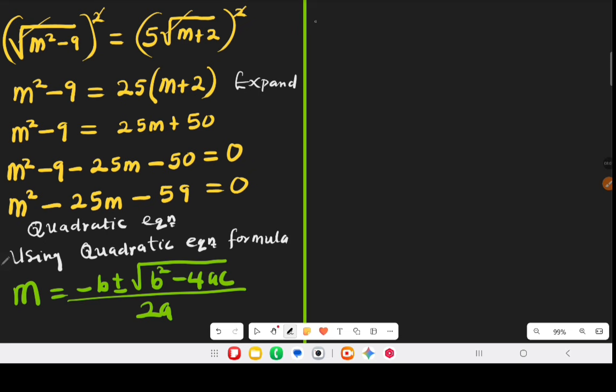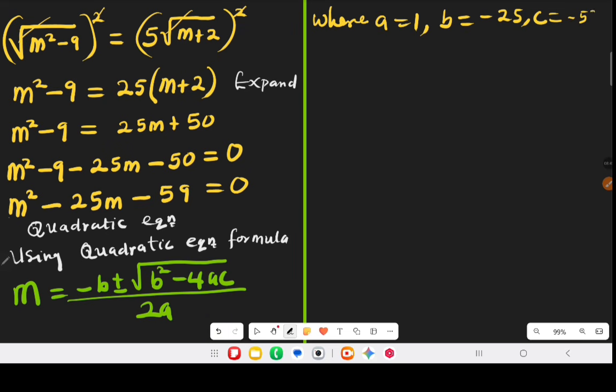Here, a is 1, the coefficient of m squared. b is the coefficient of m, which is minus 25, and c is the constant, which is minus 59.